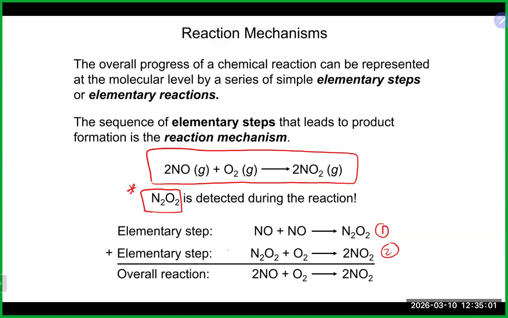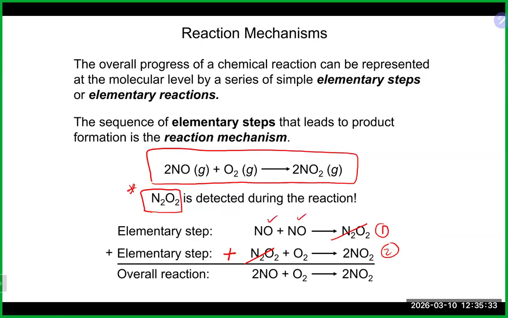When we add these elementary steps together, you could cancel out anything that's on opposite sides of the arrow, or you could reduce down things that are on opposite sides. If it's one to one, they subtract off. If you have one on one side and two on the other, you'll be left with one left over. In this particular case, the N2O2 would completely cancel out. Everybody on the left-hand side of the arrow stays there, and everybody on the right-hand side stays there.